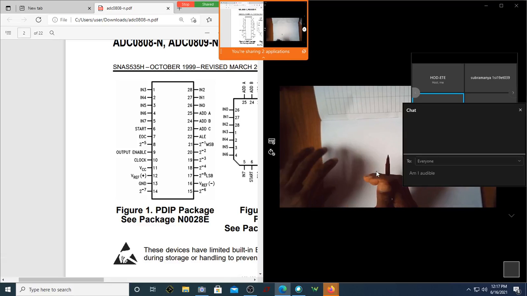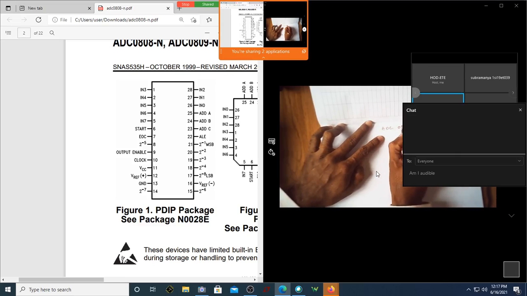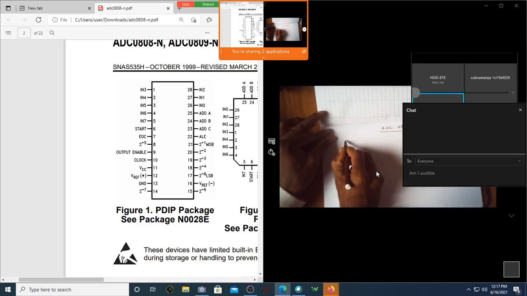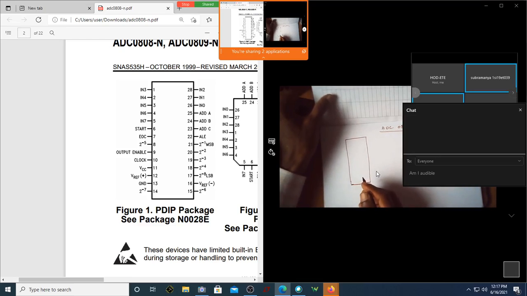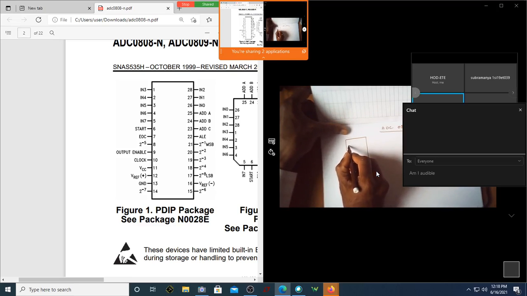So what I have is an ADC using the 0808 IC. As you can see, it has got 28 pins. This is a 28 pin IC, out of which there are 8 inputs.